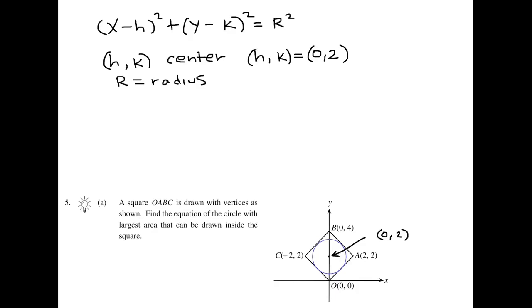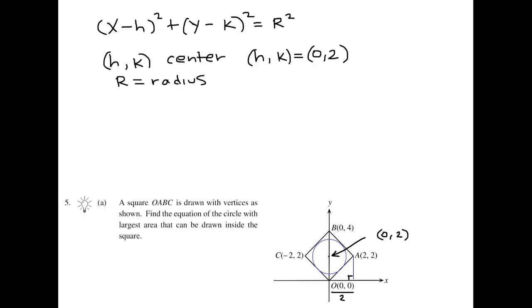And if we can figure out r, then we have the equation. So how do we figure out r? Well, we can figure it out from the diagram. Just drop a perpendicular from A down to the bottom there, and that will become a right triangle. The distance from here to here is 2, right? Because this is (2, 2).